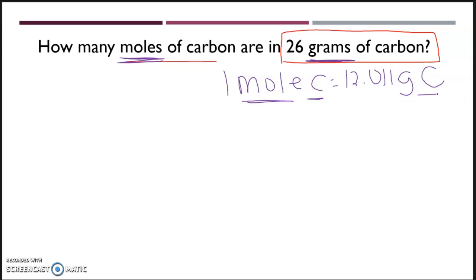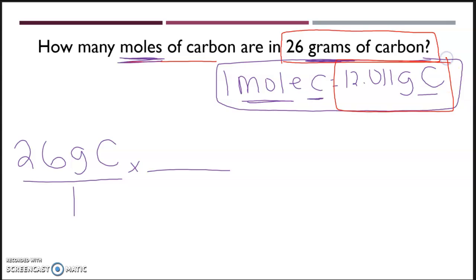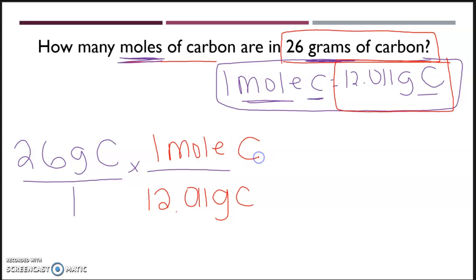So let's set up our dimensional analysis. We start with our given, 26 grams of carbon. I want to change that to moles using this conversion. I need to get rid of the gram unit, so I can put a 1 over this. I will use this at the bottom, 12.011 grams of carbon, and that equals 1 mole of carbon.